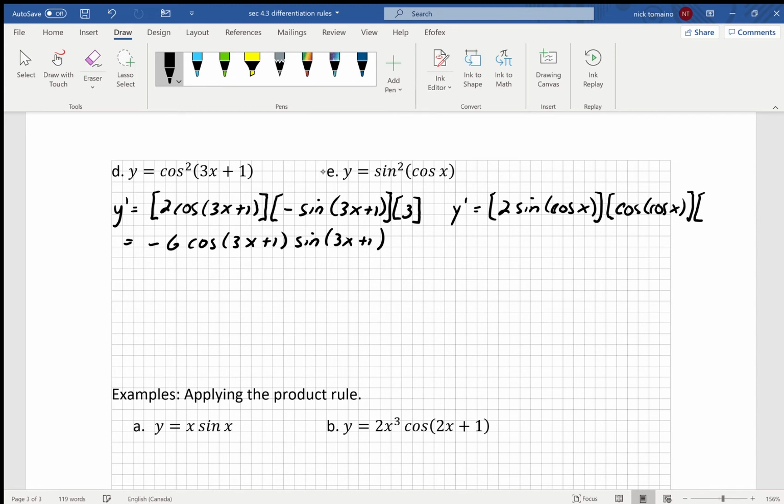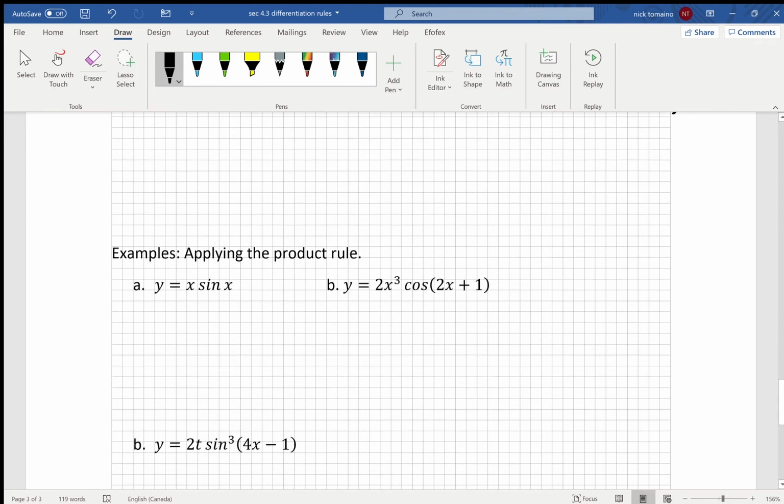And step 3, derivative of the angle, which is negative sine x. We simplify it to be negative 2 sine of cosine x cos of cosine x times sine x. 3 steps.